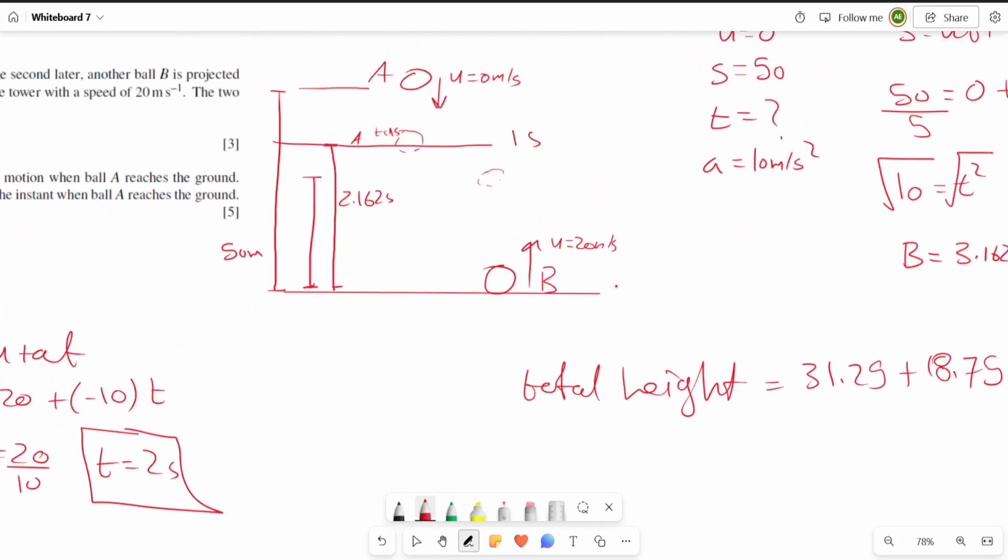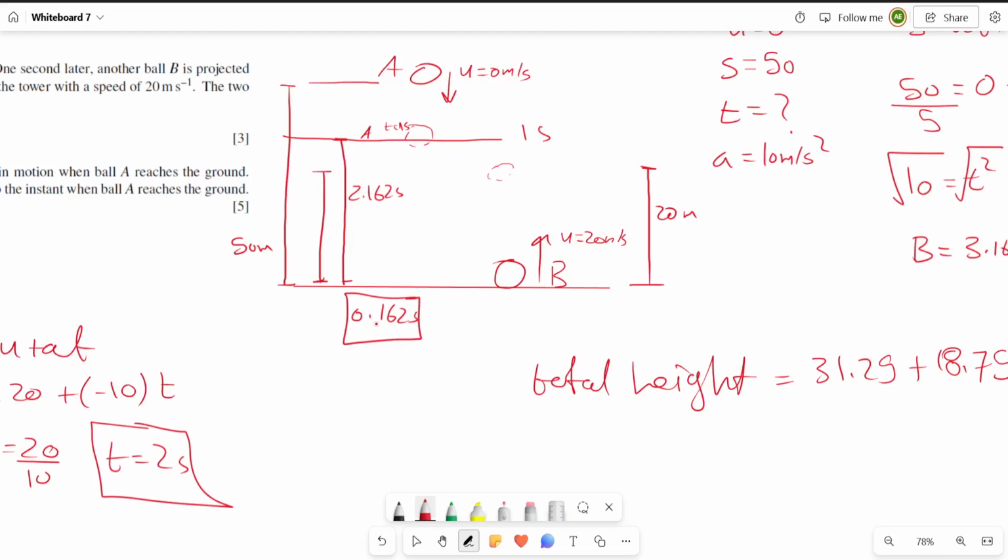So the displacement until B reaches its maximum height was 20 meters, and that took 2 seconds, okay? After 2 seconds, did A reach the ground? No, A still has 2.162 minus 2 seconds, so it still has 0.162 seconds in motion until it reaches the ground. So I'll need to see how much distance B moved in that time.